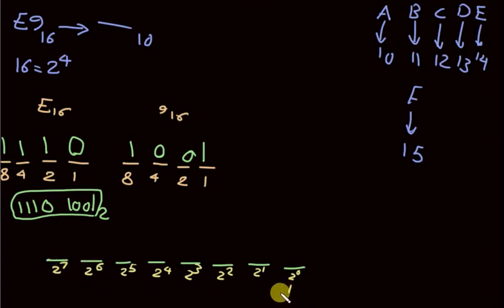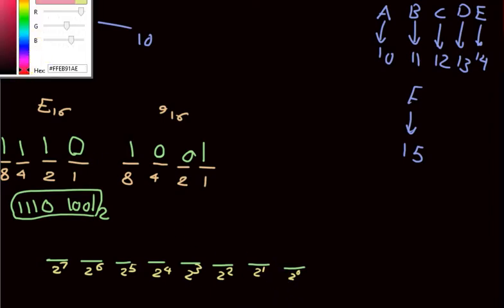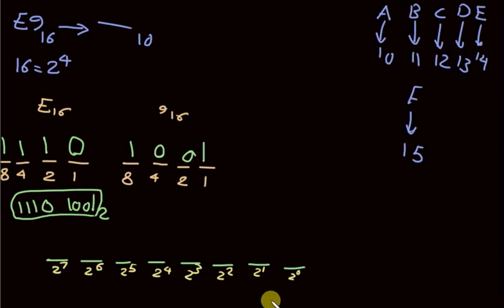That means this is 1. Let me change the color. So that means this is 1, this is 2, this is 4, this is 8, 16, 32, 64, if I'm not mistaken, this one has to be 128.